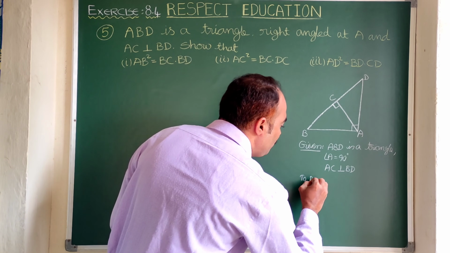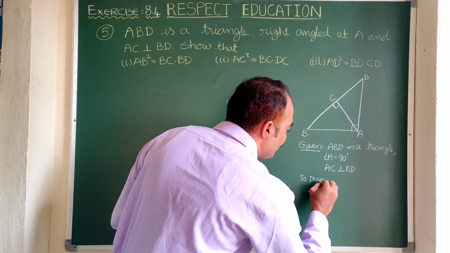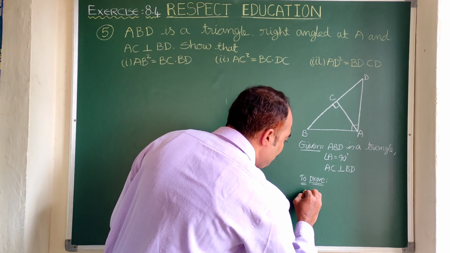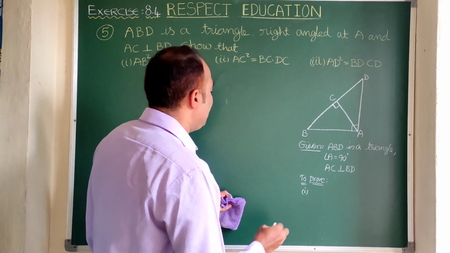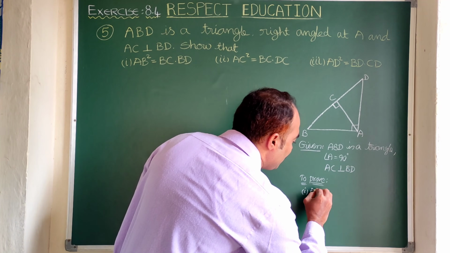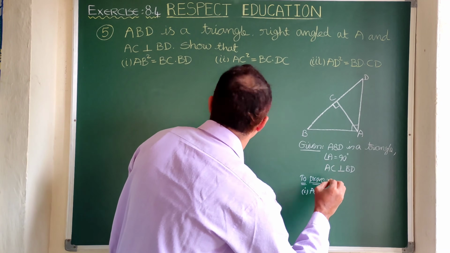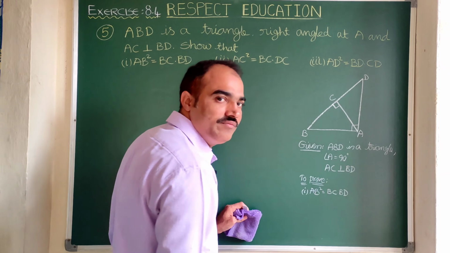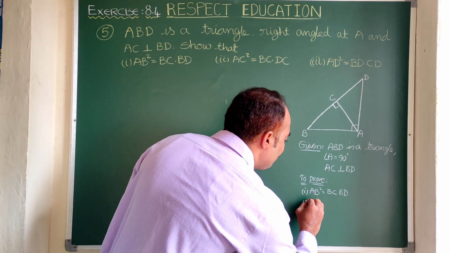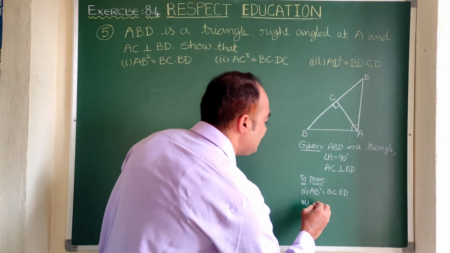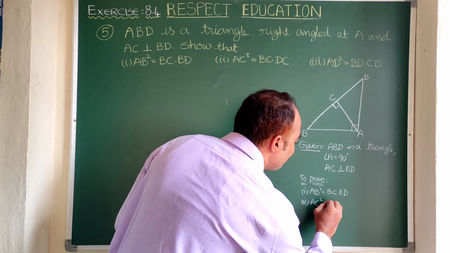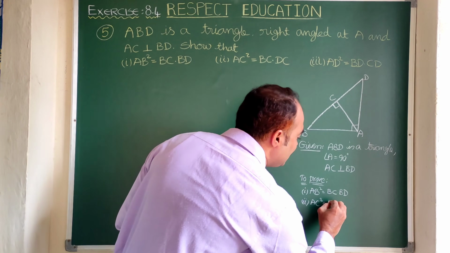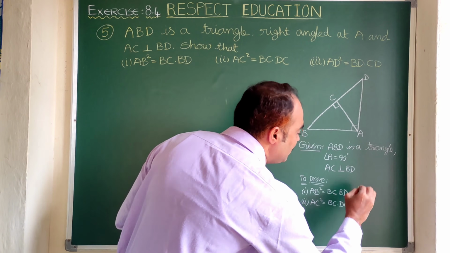Now to prove, first bit is AB square equal to BC into BD. Second one, AC square equal to BC into DC.